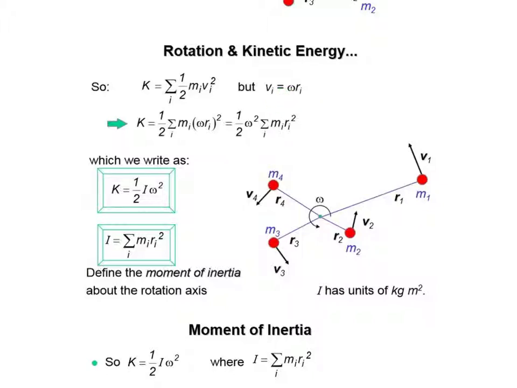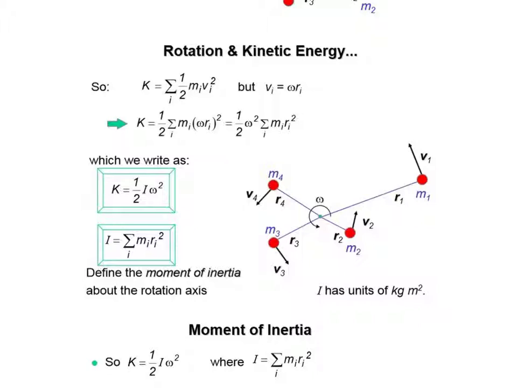When you do the algebra, what you end up with is 1/2 omega squared times the sum of m_i r_i squared. This quantity here needs to look sort of like a mass quantity if we are to have a kinetic energy that looks like 1/2 mv squared.